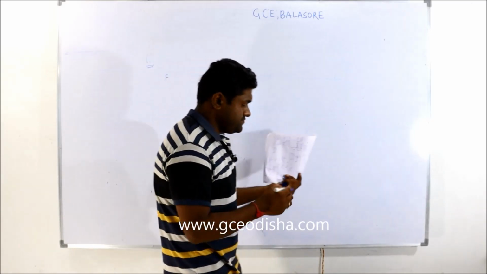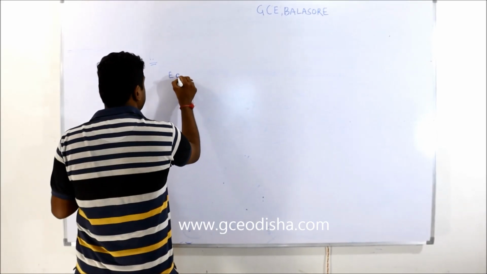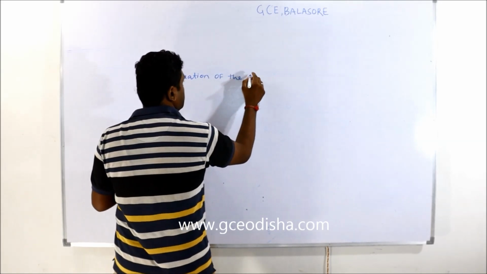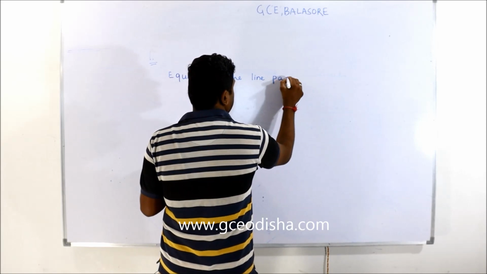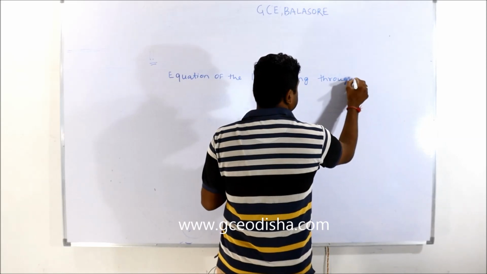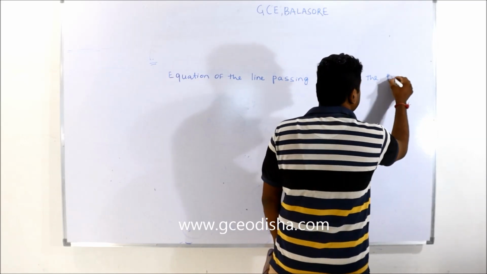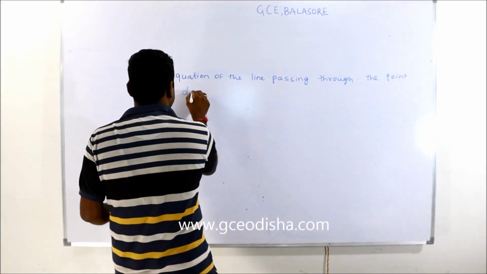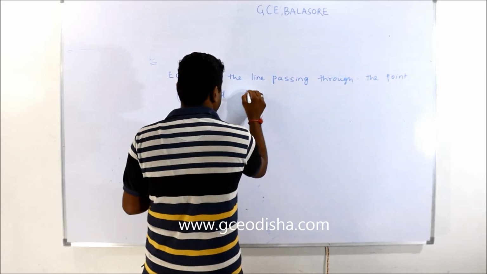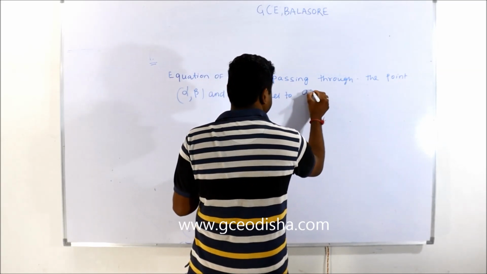Equation of the line passing through the point alpha beta and parallel to another line.